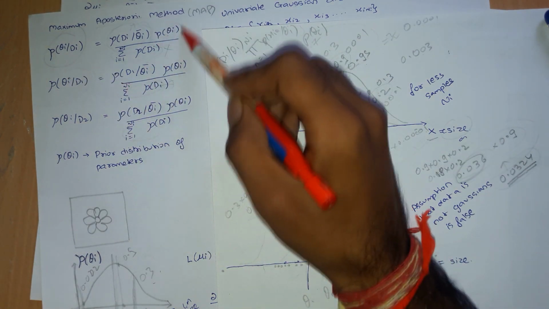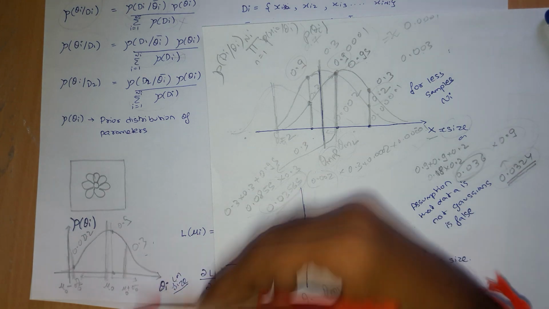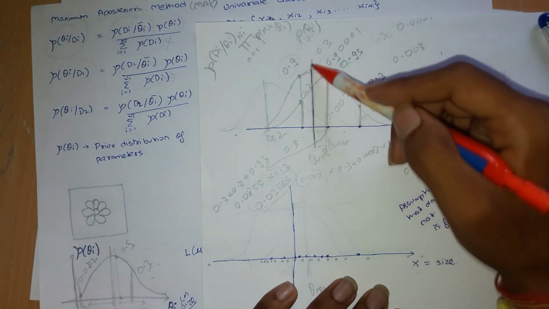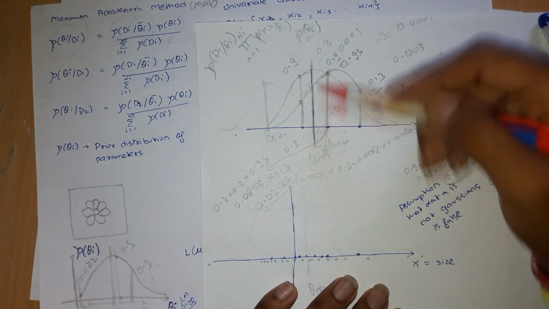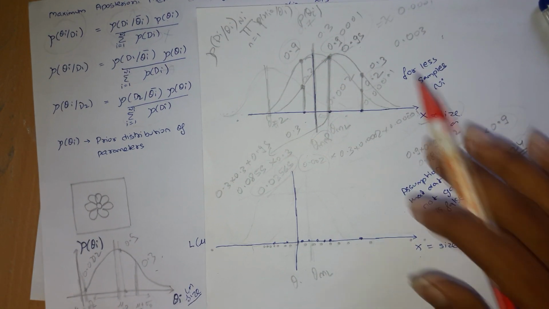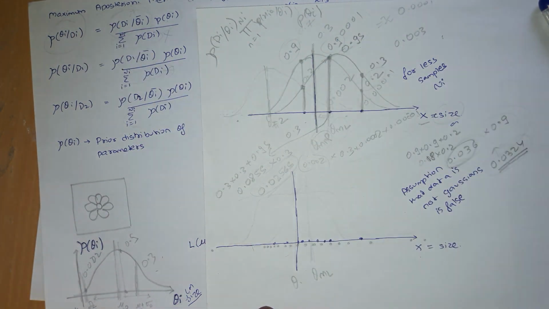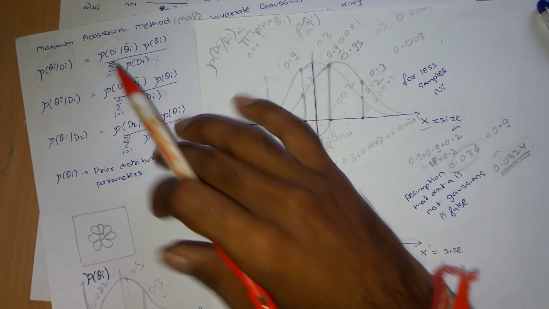Because of this prior information that I am using over here, I am going closer to my true mean. So you can very nicely see what is happening over here. In these sort of cases we use the maximum a posteriori method, or MAP method.